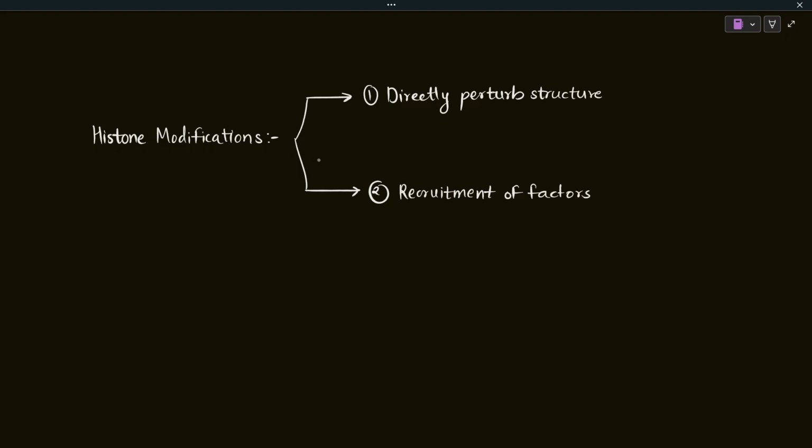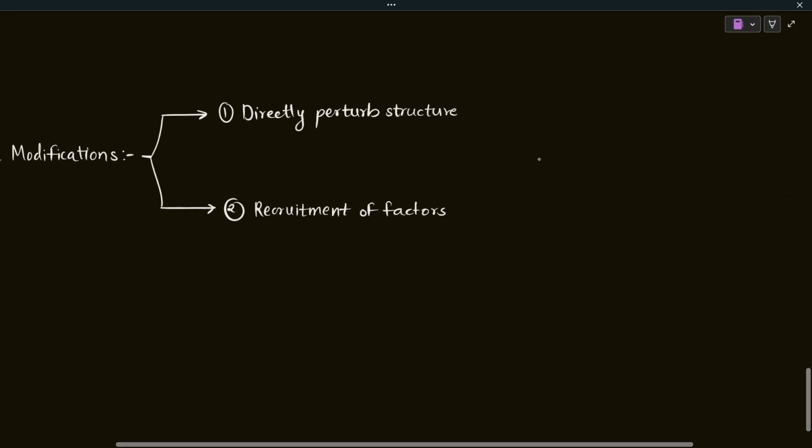So addition of that chemical group doesn't directly hinder the structure, but it serves as a docking site or docking surface for certain chromatin remodeling factors, or some group of proteins which are going to change the chromatin architecture. For example, polycomb group of proteins bring out the silencing of genes, while the trithorax group of proteins maintain the active state of genes. So recruitment of such factors can be done due to certain histone modifications. These are two broad ways by which the histone modifications can work.